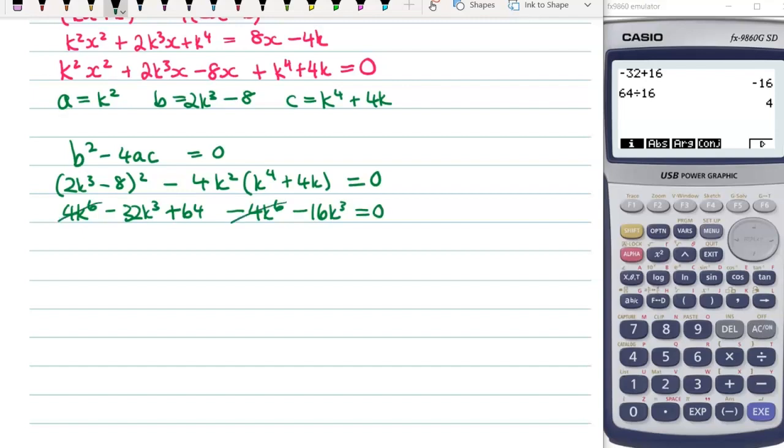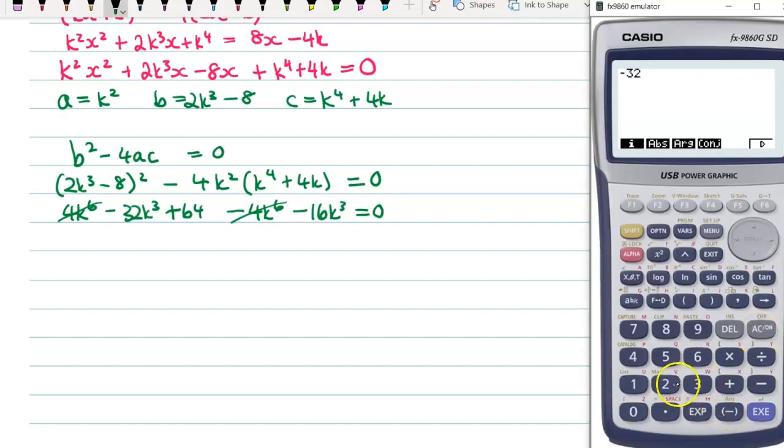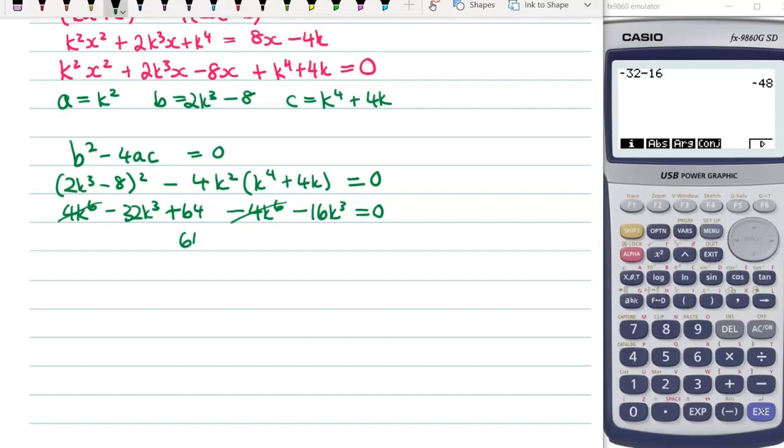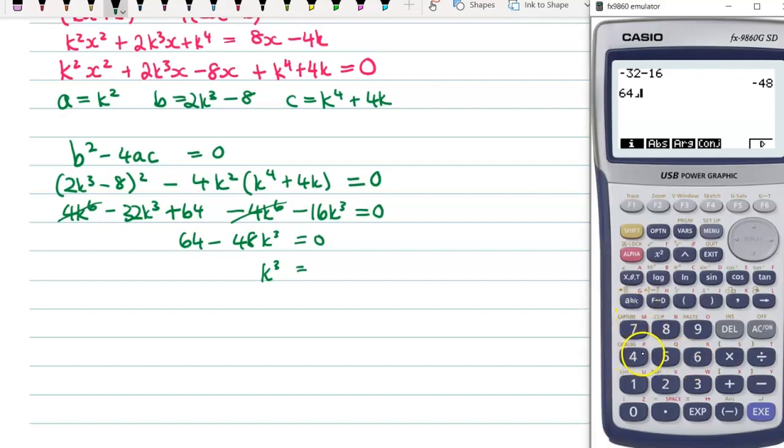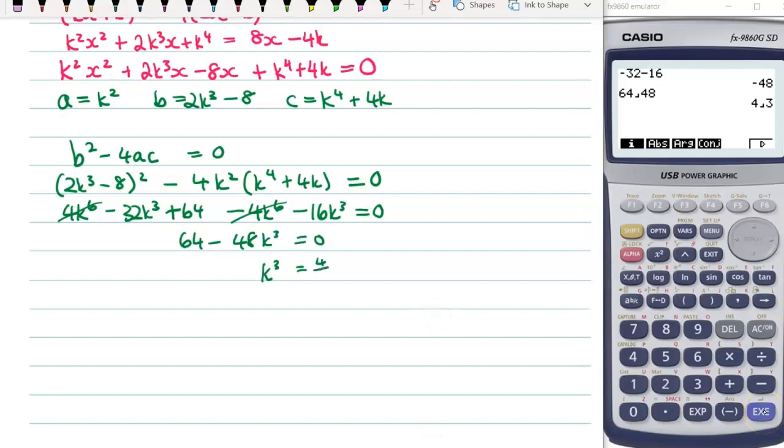The k to the 6's cancel out. We've got negative 32 minus 16. So we have 64 minus 48k cubed equals 0. So k cubed will be 64 over 48, which is 4/3. So k will be the cube root of 4/3.